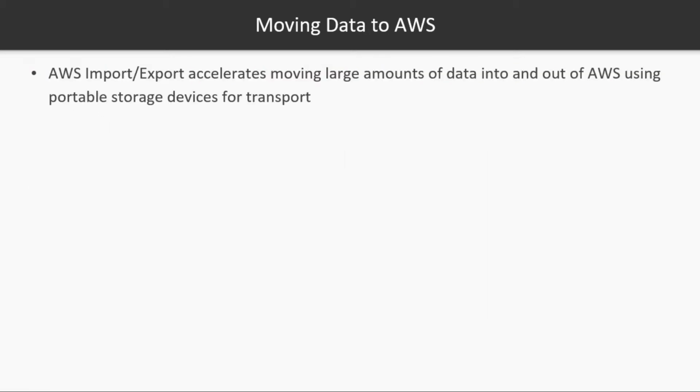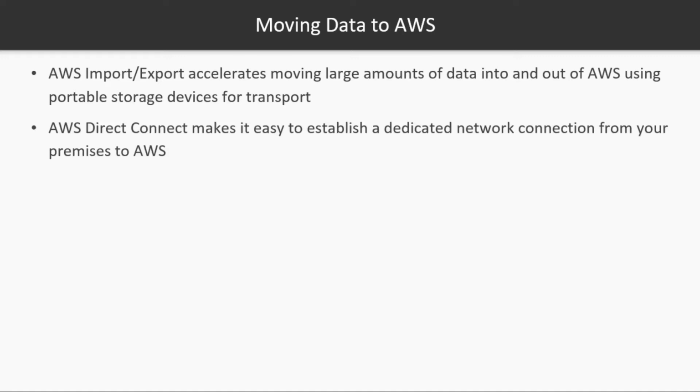AWS Import/Export accelerates moving large amounts of data into and out of AWS using portable storage devices for transport. For significant datasets, AWS Import/Export is often faster than using an internet-based data transfer and can be more cost-effective than upgrading your connectivity. AWS Direct Connect makes it easy to establish a dedicated network connection from your premises to AWS.